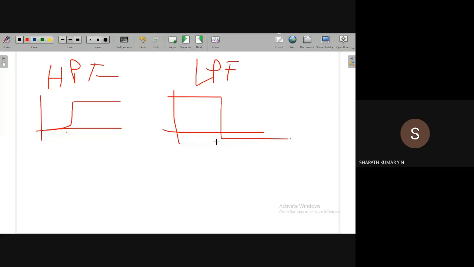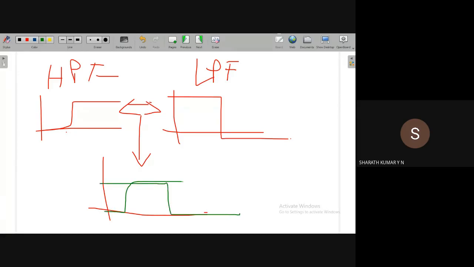When we merge these two, we get an effective filter called a band pass filter. So this side is the high pass filter, and on this side we have the low pass filter. Here at the center we have the band pass filter.